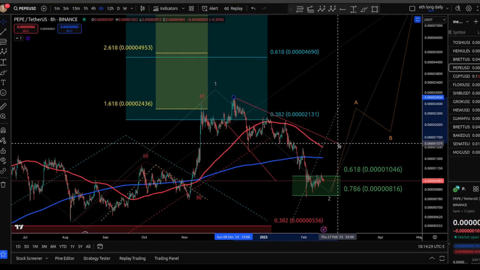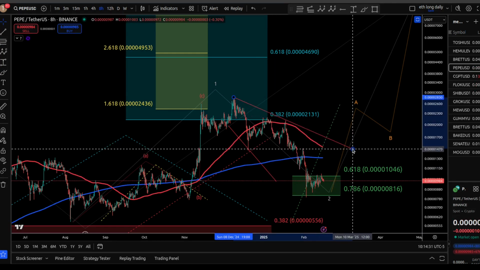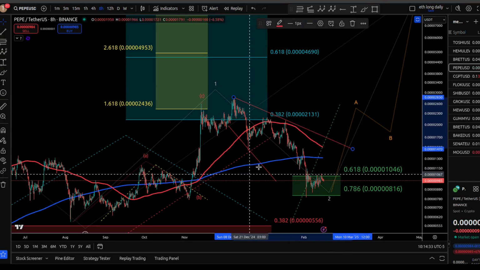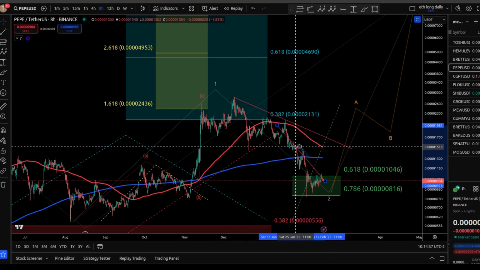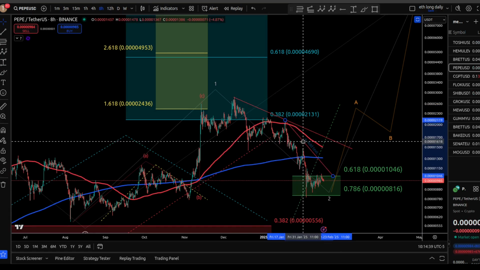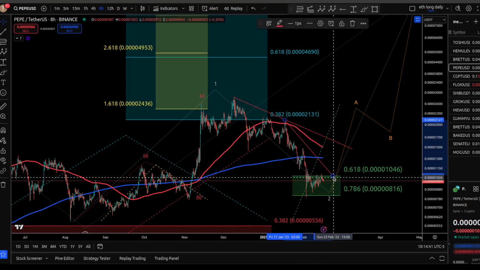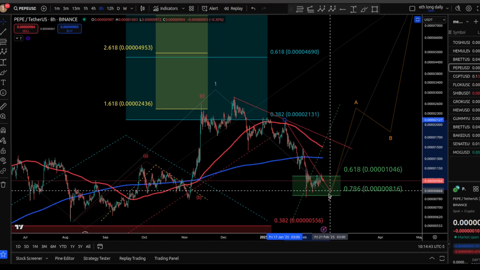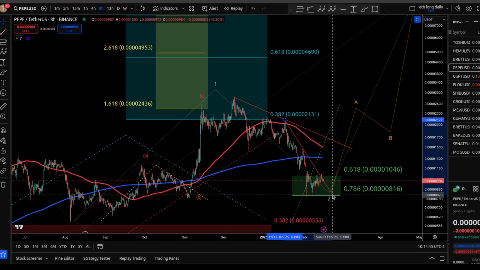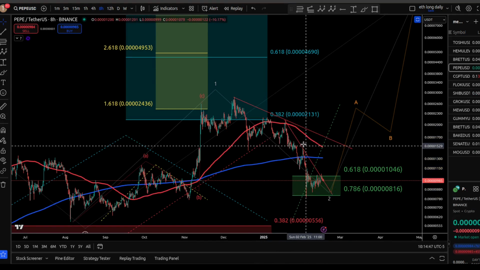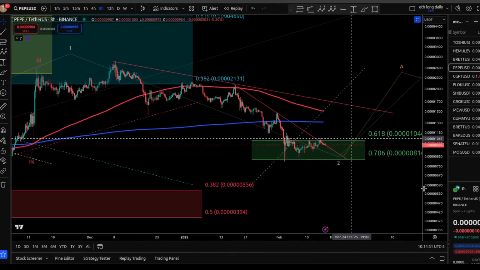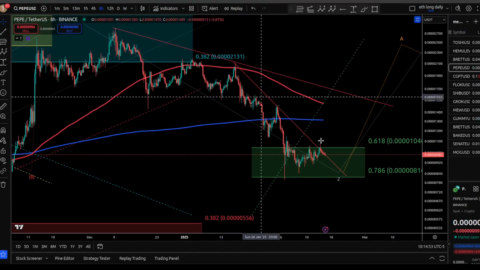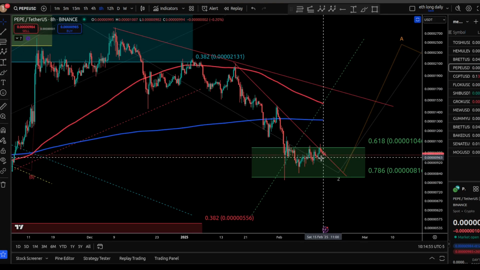Yeah, it's been a very long time since I did any update on Pepe. Short term, I think we're already kind of good, because we are about to break out from this downtrend, I believe. You can see that now we're using this trend as a support.